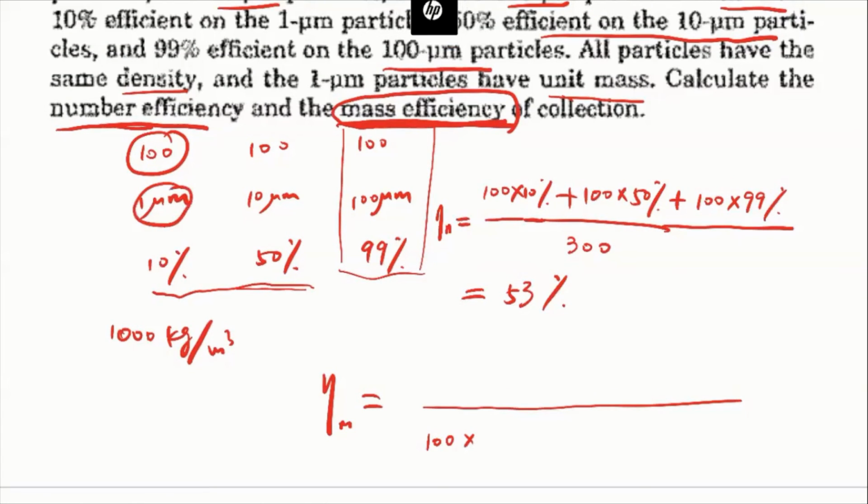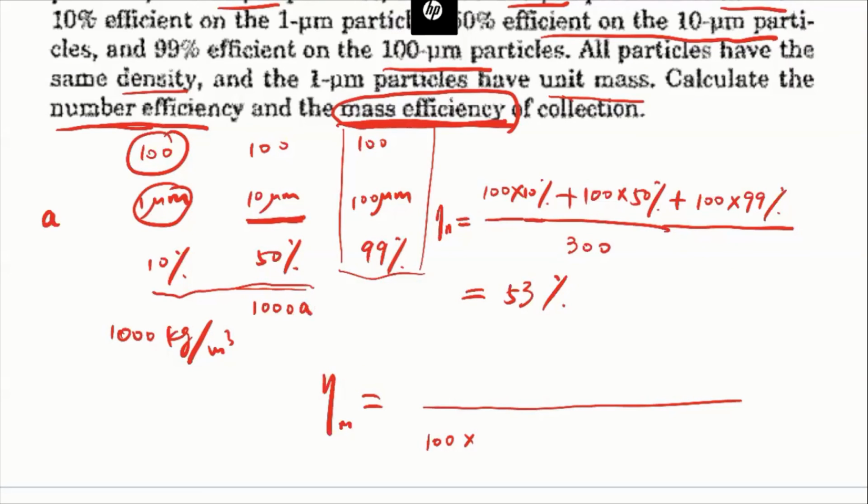Let's assume the 1 micrometer particle has a mass of A. We know that the mass scales with volume, which goes with the third power of the diameter. So for the 10 micrometer particle, the mass will be 1000 A, right?